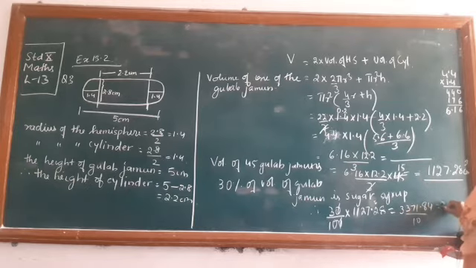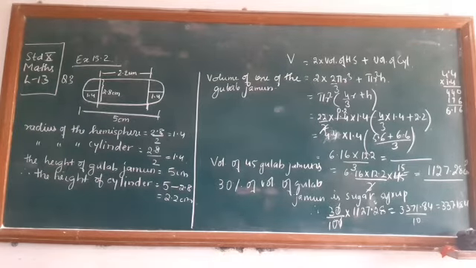So it becomes 337.184 as the volume. 337.184 centimeter cube is the volume of the syrup. Okay? So you can calculate it out and see how you get your answers.